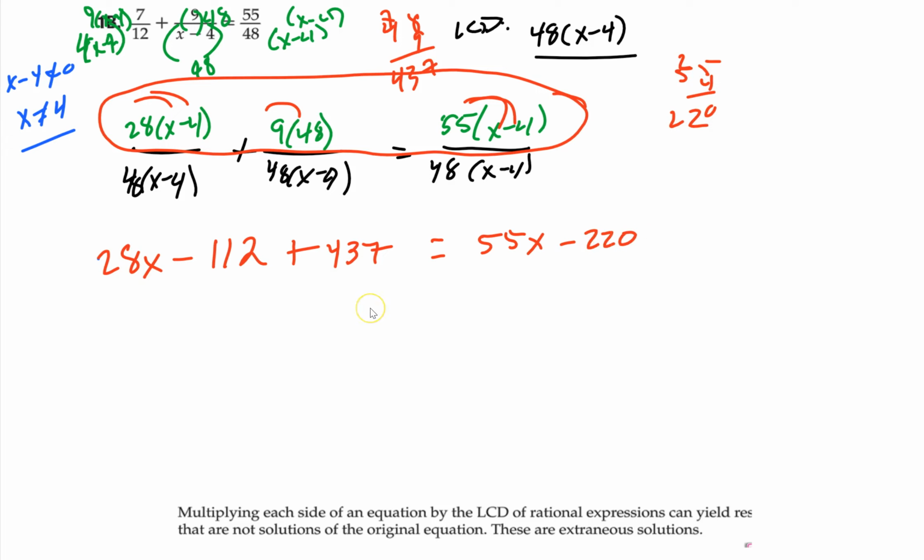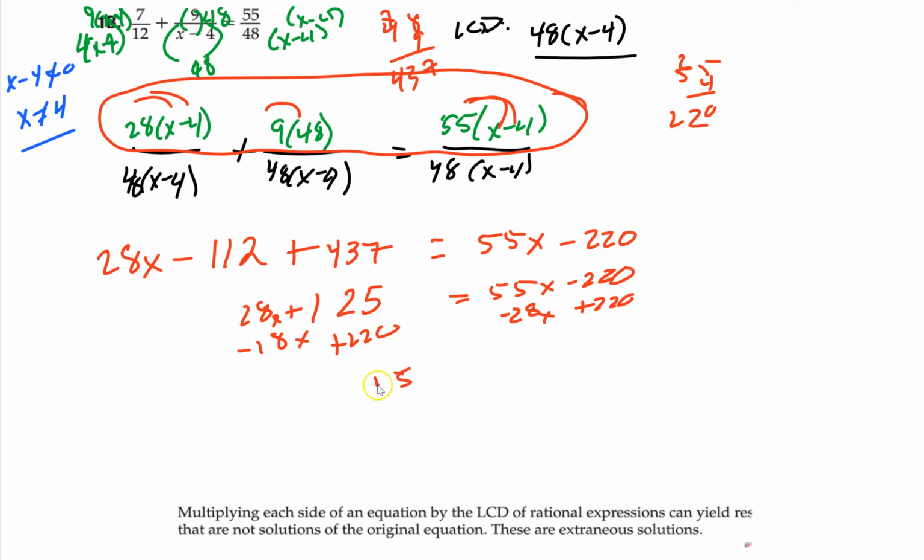So we have this, right? And once you get down to this, it's a normal problem. Solve and add. So I could combine these. I get 28x plus 55x minus 220. Subtract 28x from both sides. Add 220.